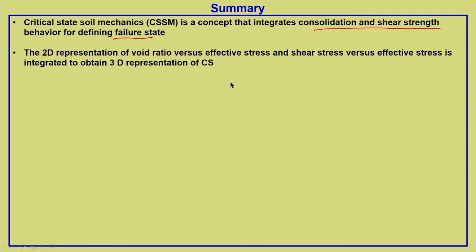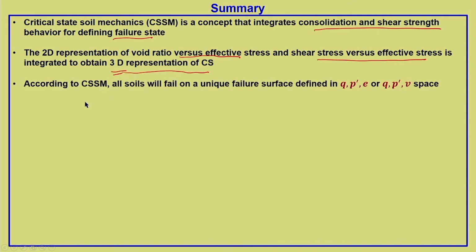The 2D representation of void ratio versus effective stress and shear stress versus effective stress is integrated to obtain a 3D representation of critical state. We have not done this yet. That will be towards the end of this module, where we will see how to integrate the concept.